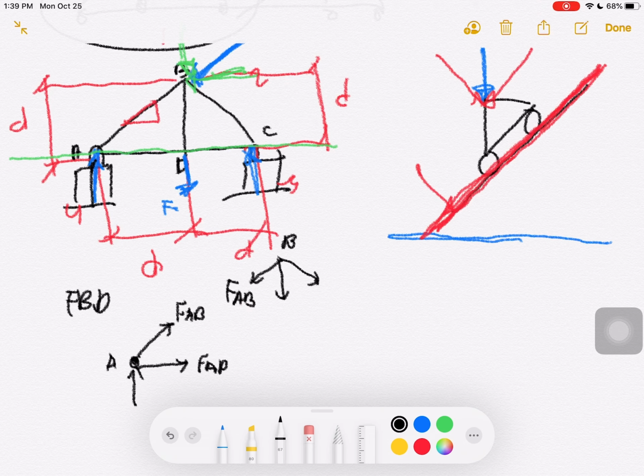It doesn't mean that you do it the other way around. If you got compression here, it will go up here on this FBD. If you have compression on this portion here, therefore, when you talk about joint B, this is already compression. They meet each other. Otherwise, if you calculate this as tension, therefore this should also be tension.